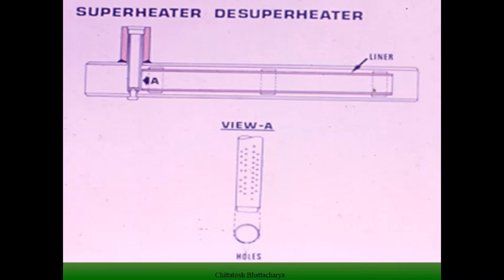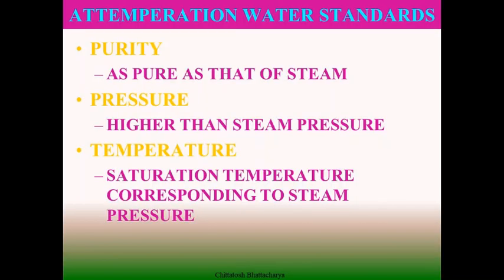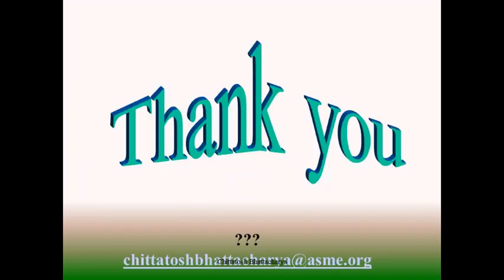So naturally pressure has to be maintained at a higher regime from the saturation point of view. This way we can control the steam temperature, and we get final superheated steam at desired parameters.